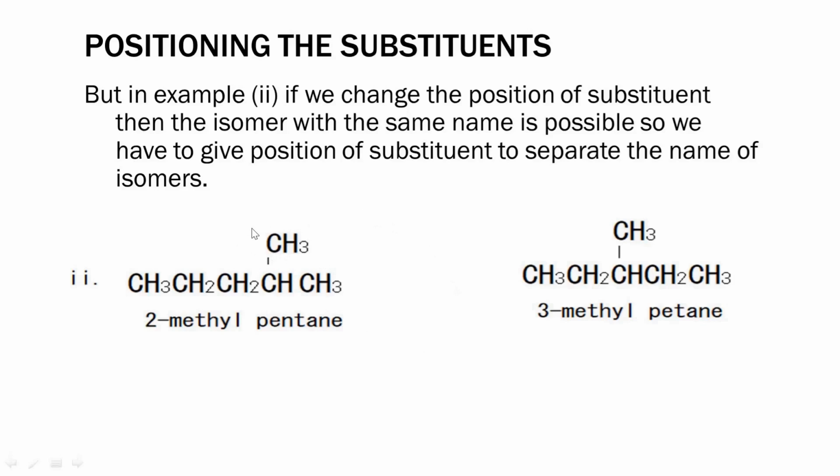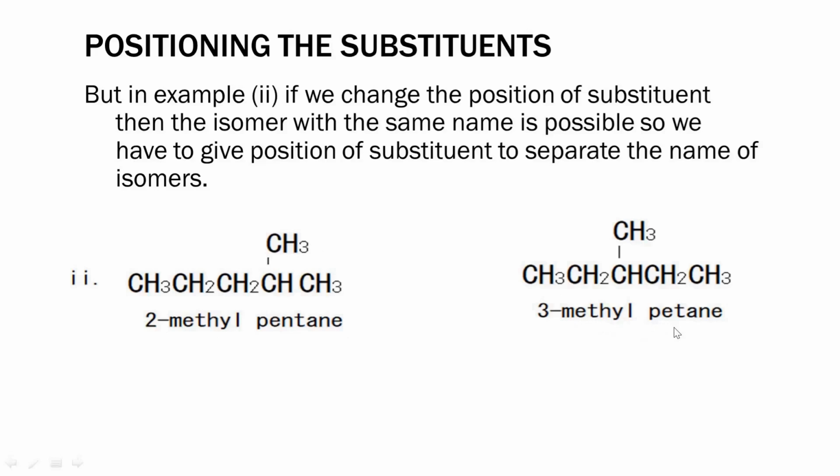If we change the position of CH3, there is a formation of a compound with the same name. In that scenario we must use the position of the substituent. That's why we use here 2-methyl and here 3-methyl pentane. Alright, so that is the condition for positioning the substituents.